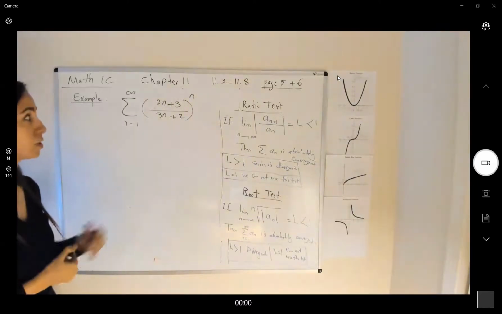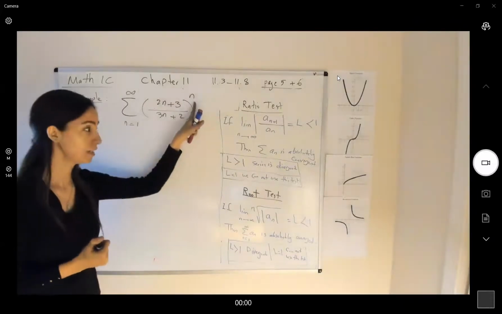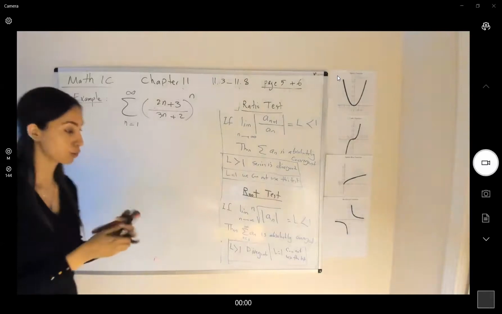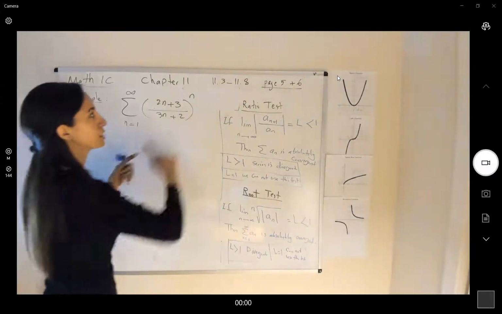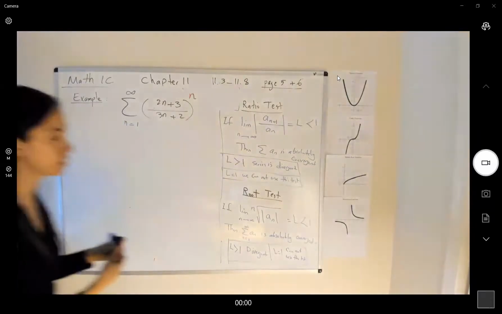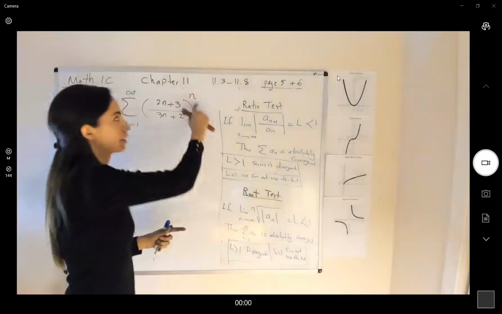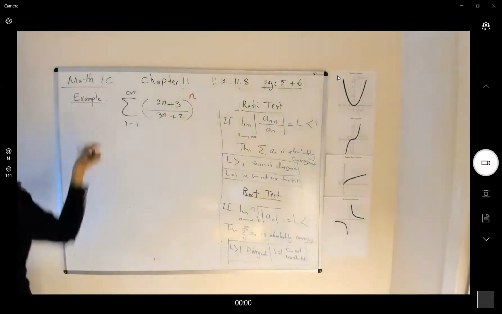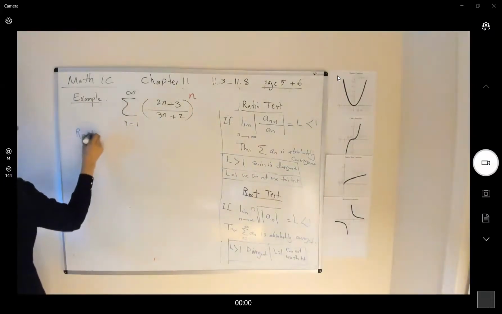Okay, since you have exponent n, instead of using the ratio test, it's better to use the root test because of this exponent n. Because if I take the nth root, I can get rid of the exponent n. So let us apply the root test and see if we can use it in this case.